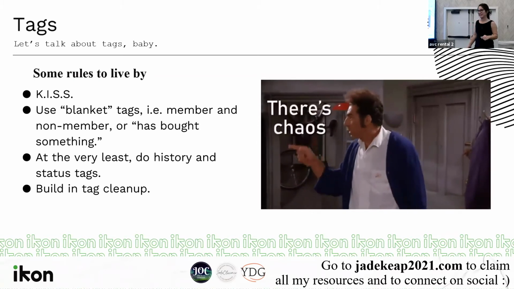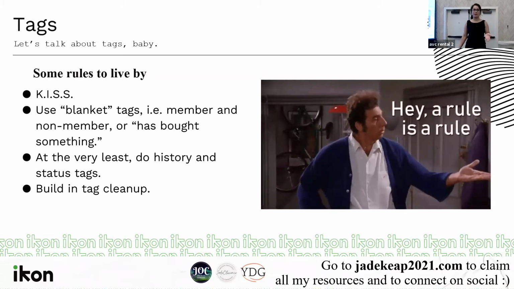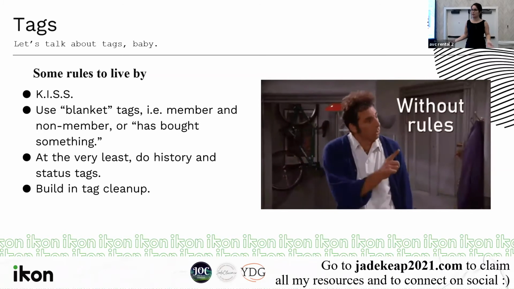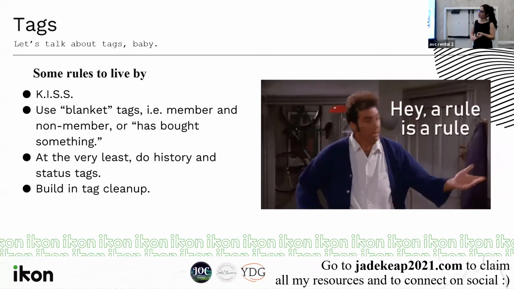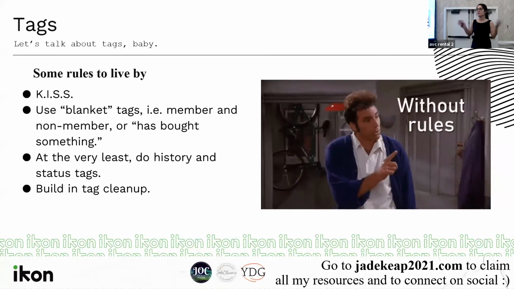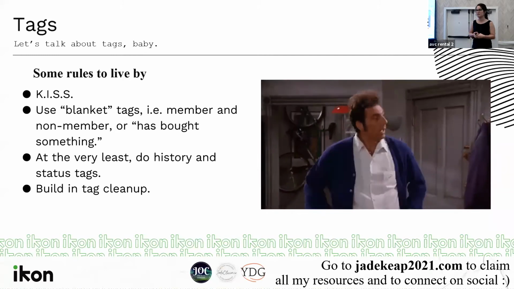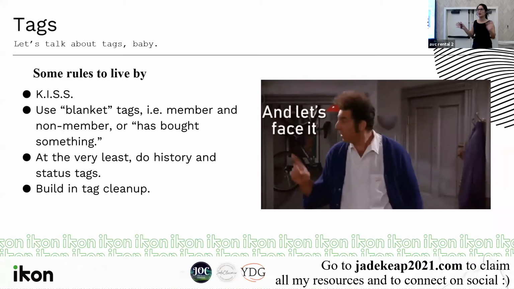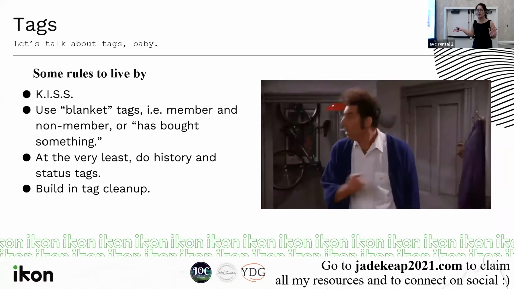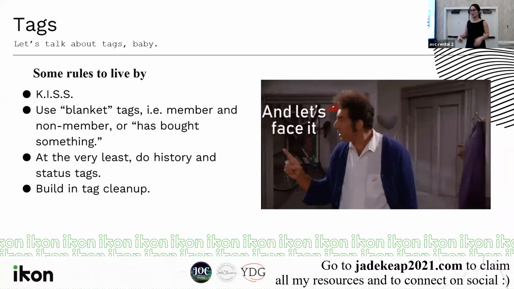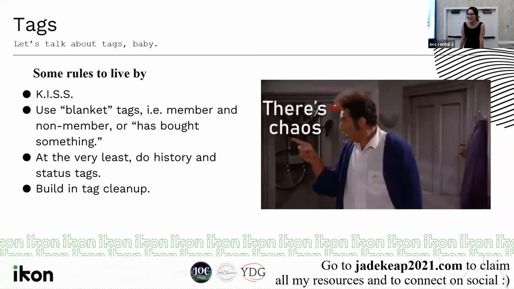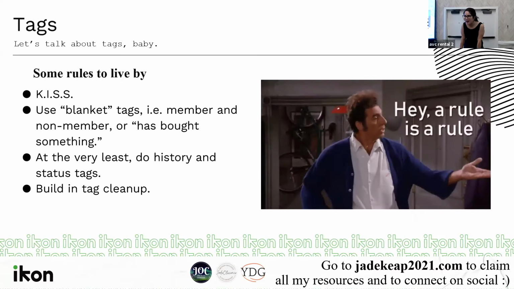Build in tag cleanup. If you've ever triggered a campaign with a tag, you might have called it a start tag or a trigger tag. Don't forget to take those babies off. Even if it's not a problem later on for automation, have you ever looked at a contact record and you're like, oops, they have a million tags and I don't know why?